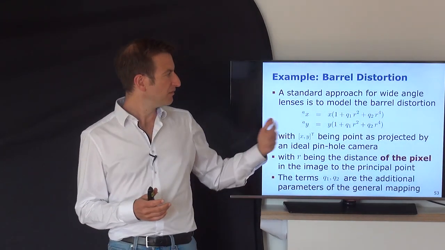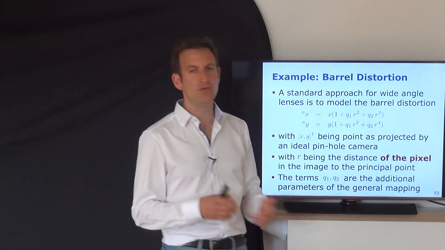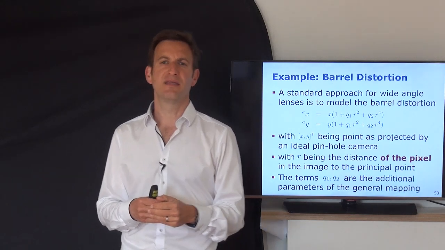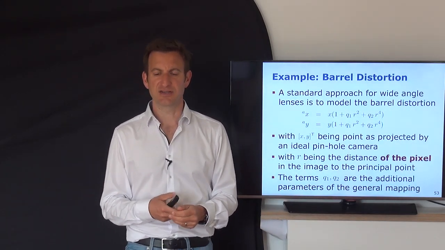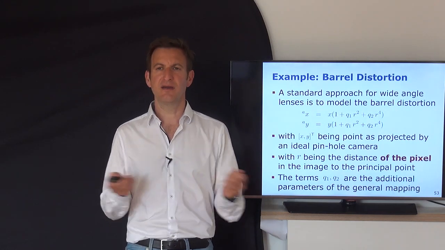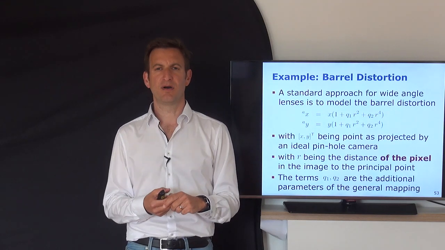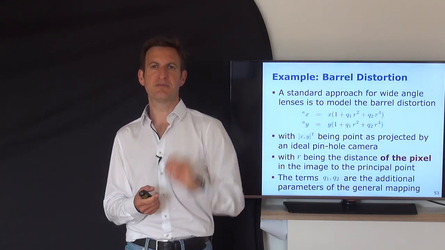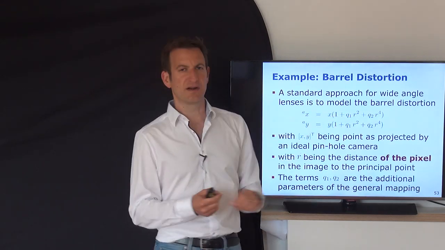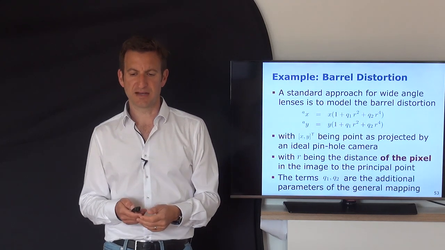This is a simple model which just takes into account two parameters, q1 and q2, to compensate for the effect that lens distortion in the form of a barrel distortion can generate. So I'm basically shifting my x and y pixel depending on how far this point is away from the principal point. If I'm at the principal point, the radius is 0 and there is no shift, and the further I move away, the stronger this shift gets.